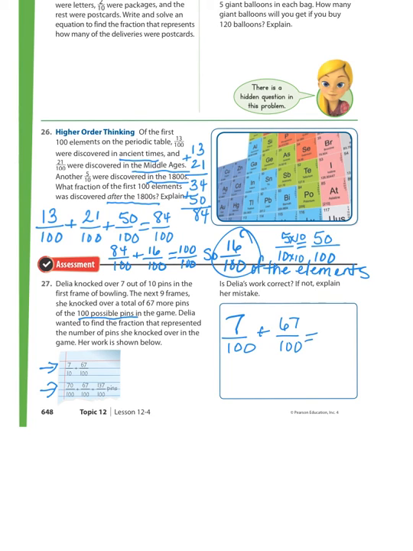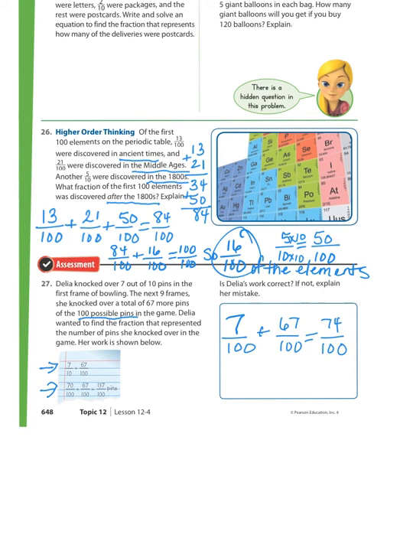Then added those together, and she would have gotten 74/100ths.